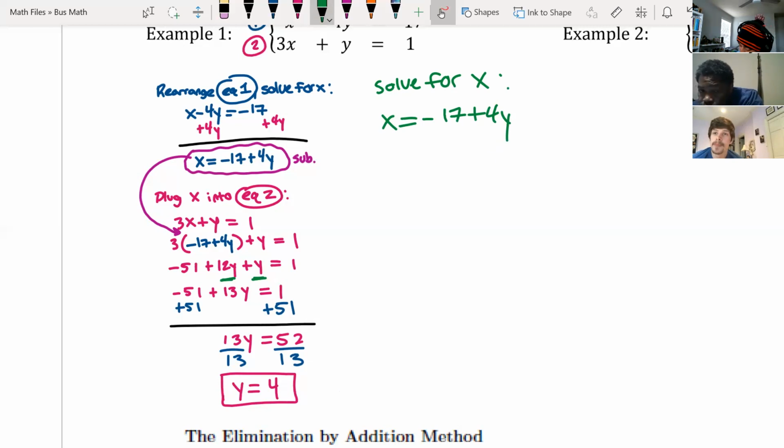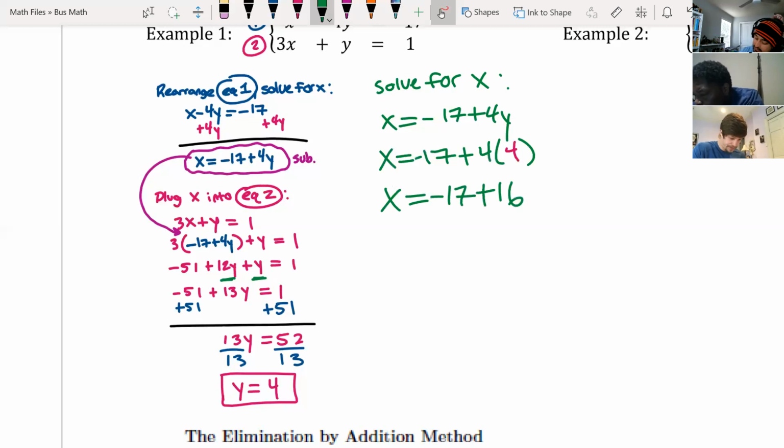So we will get x equals negative 17 plus 4 times 4, and just simplify. Oh, that should be negative. And we're going to get x equals negative 17 plus 16, and x is going to equal negative 1.